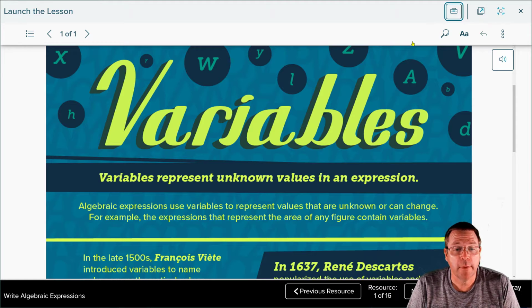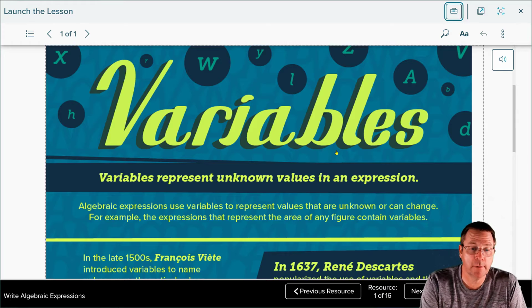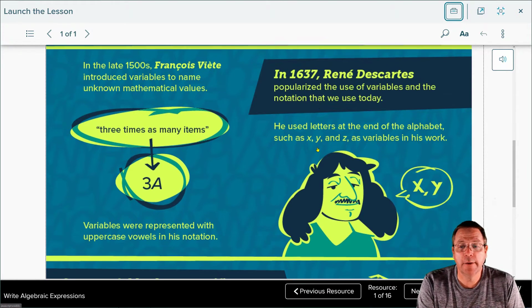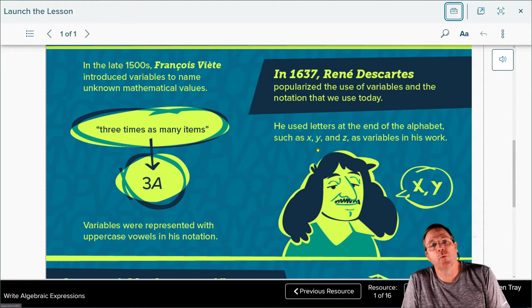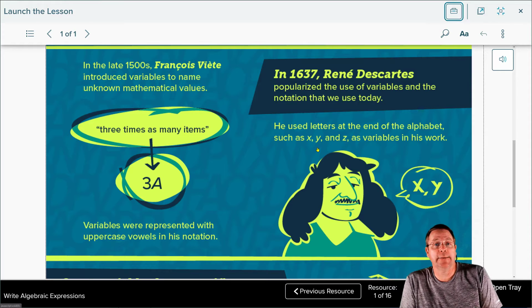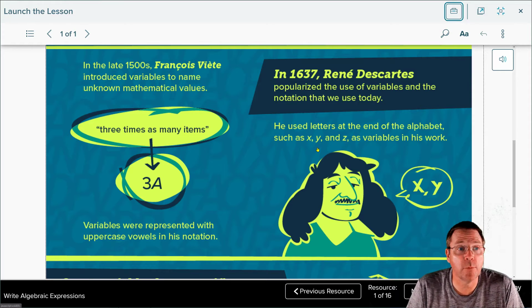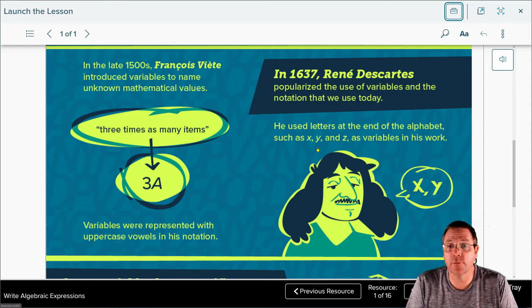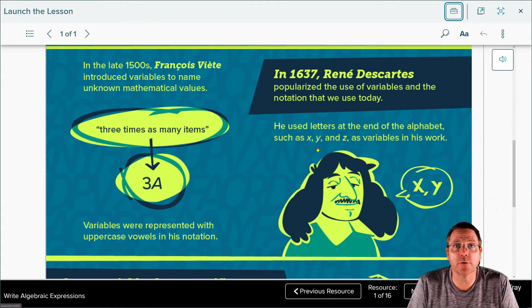For example, the expression that represents the area of any figure contains variables. In the late 1500s, Francois Viette introduced variables to name unknown mathematical values. Everybody wants to know what mean, horrible person it was that introduced letters into math.